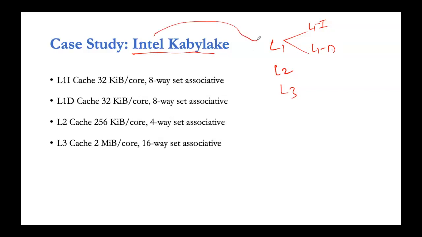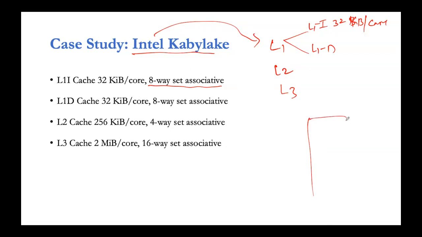The L1 instruction cache is 32 kilobytes per core, and it uses 8-way set associative placement.